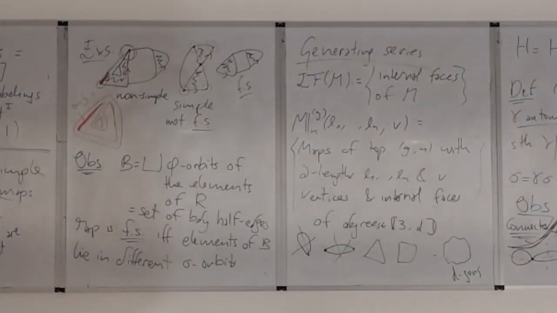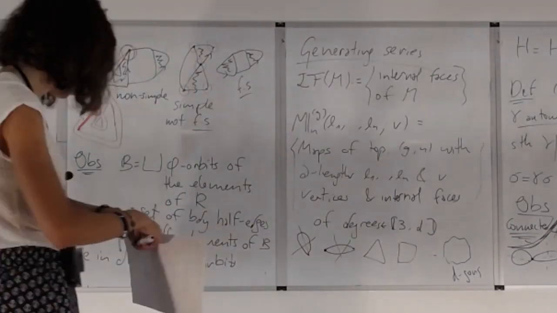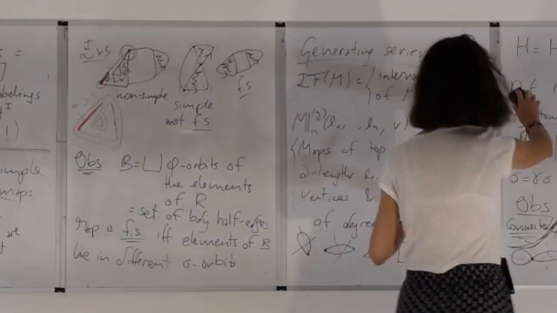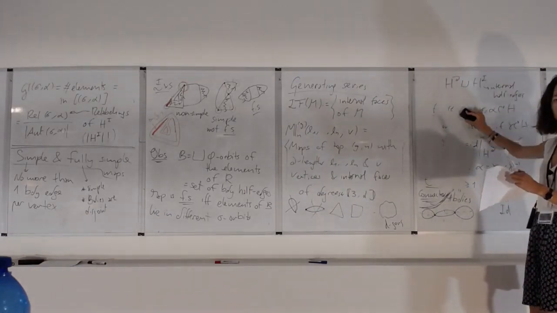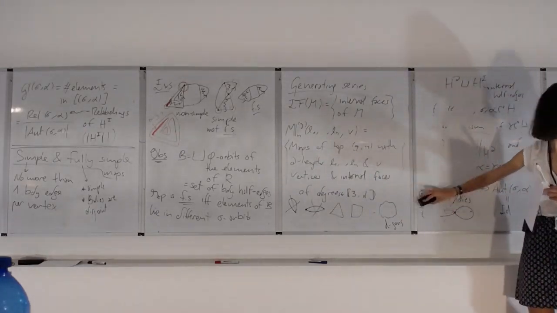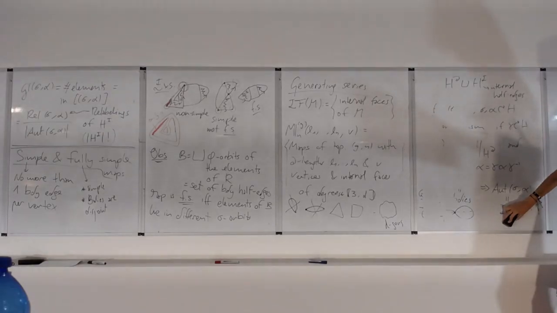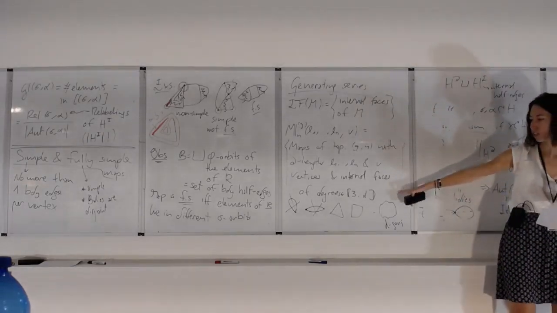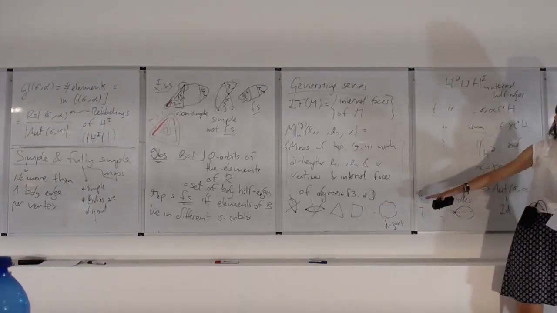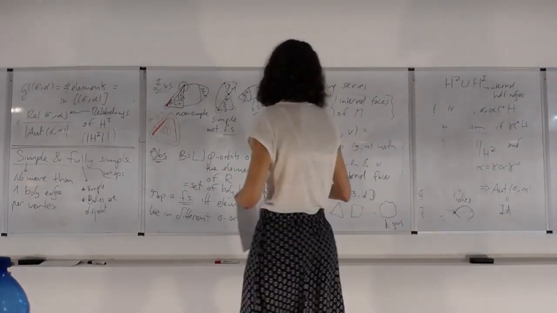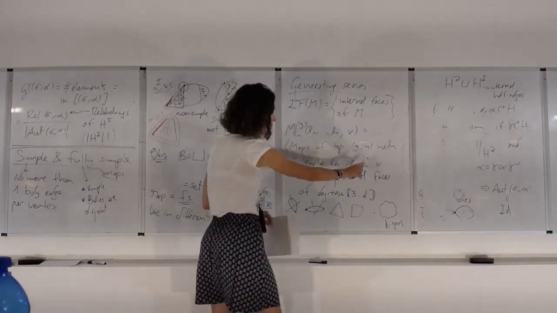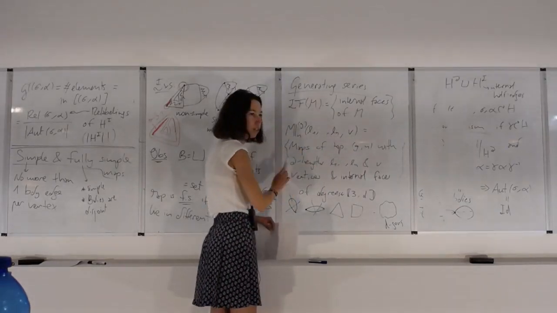Okay, so I didn't write down the generating series yet. Are there questions? No D in the definition of your M? Yes, it finishes here. I mean you have G, n, L, V, and there's no D dependence. V is the number of vertices.